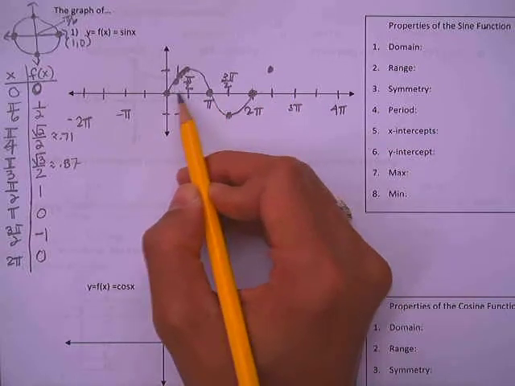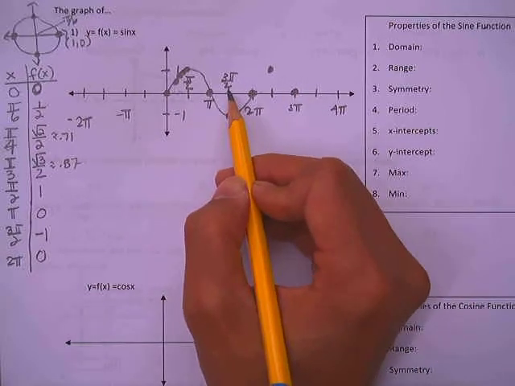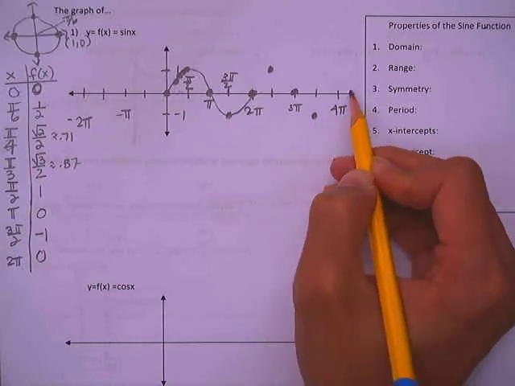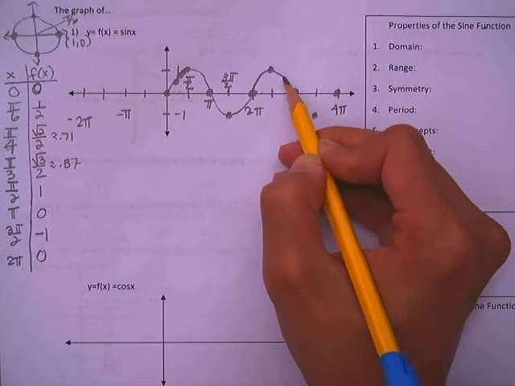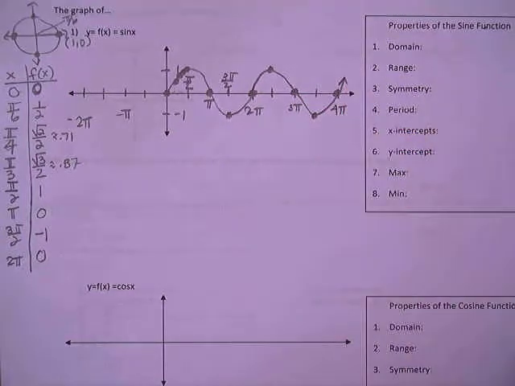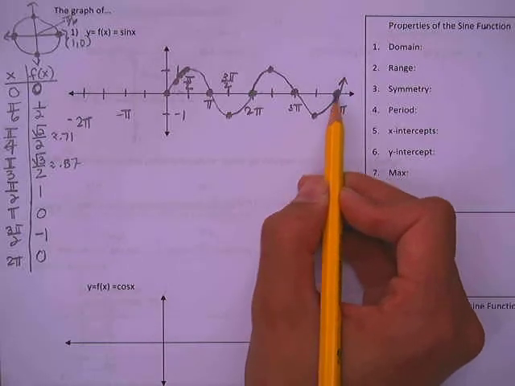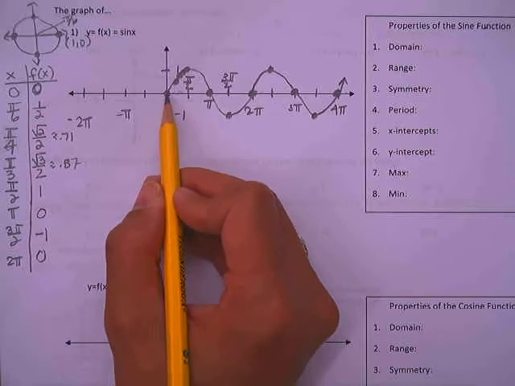Then 2 tick marks over, I'm coming back at 0. Then 3 tick marks over, I'm going to go down at negative 1. Then the last tick mark, I'm back at 0. Okay, so this is repeating. This is still the same sine curve, just repeating. And because I can go up again, I'm going to put an arrow going upwards on this end.